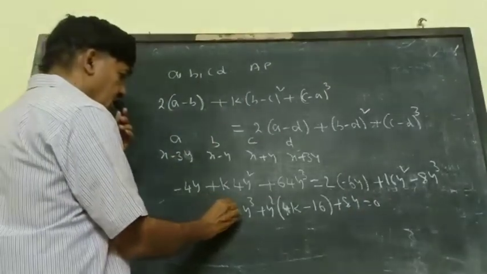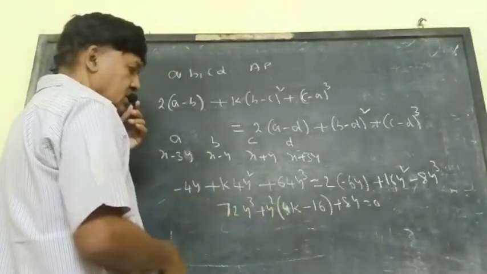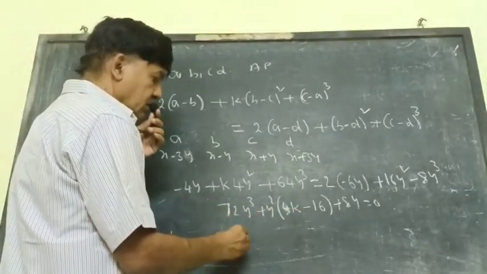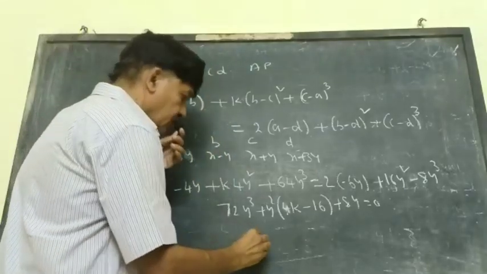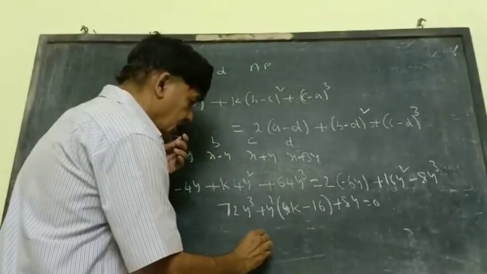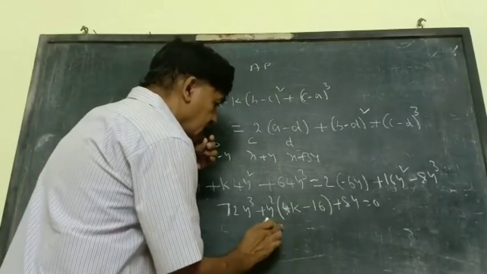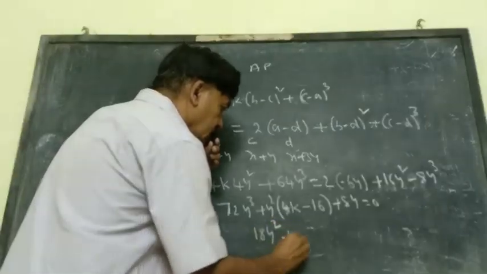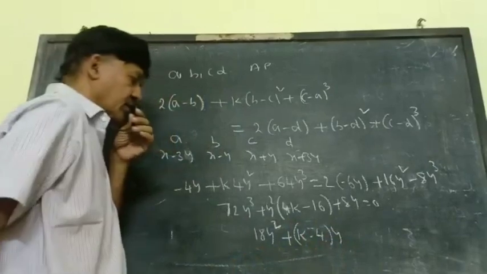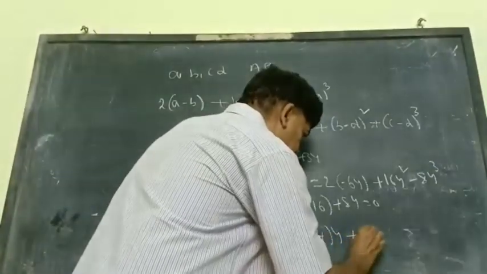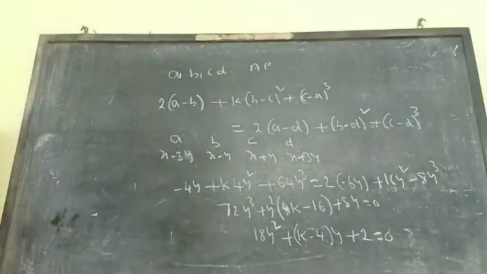You can take 4 outside and y also you can cancel. Your y cannot be 0 because they are distinct. So if you cancel, what are you going to get? 18y square plus (k minus 4) into y plus 2 is equal to 0. You will get like this.